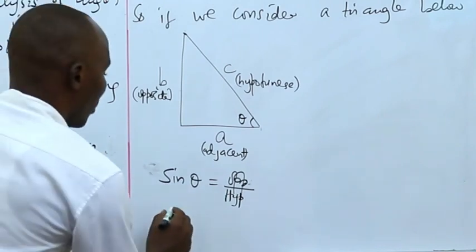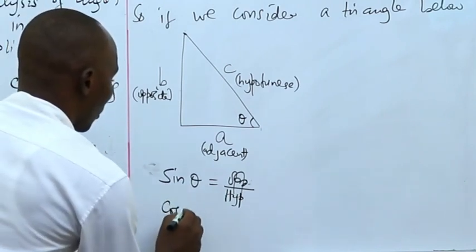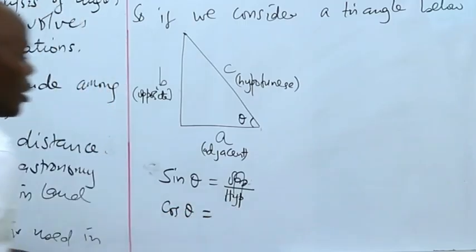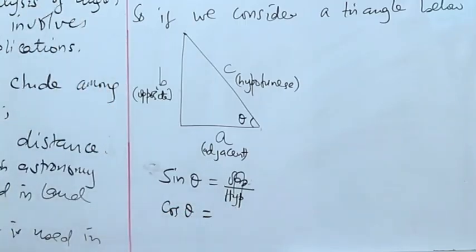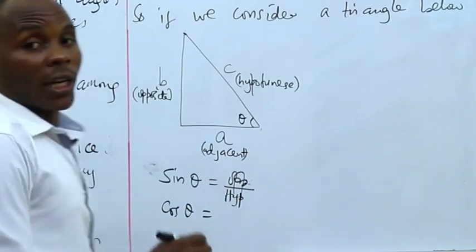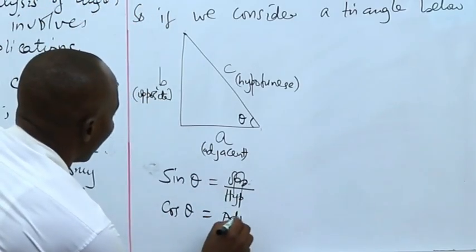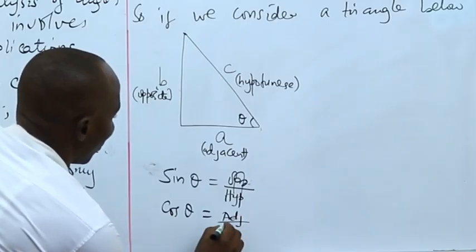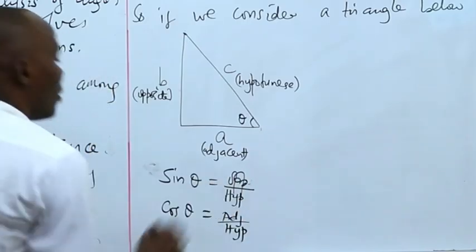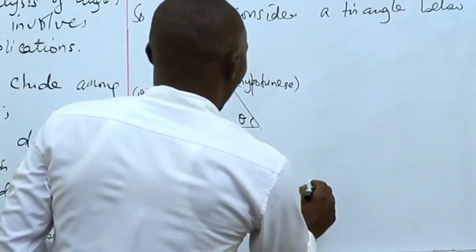Then we have the cosine, whose short form is cos. So cos of theta is adjacent over hypotenuse. Then we have tan of theta.